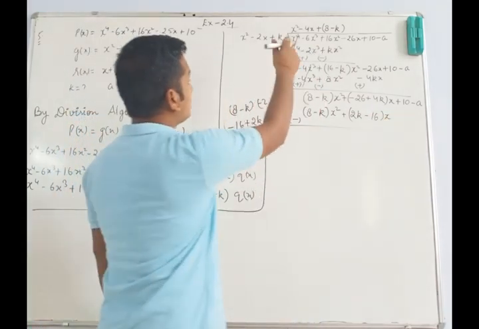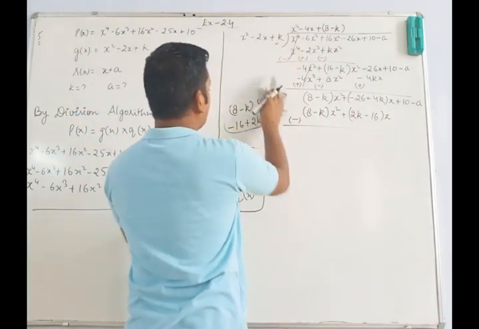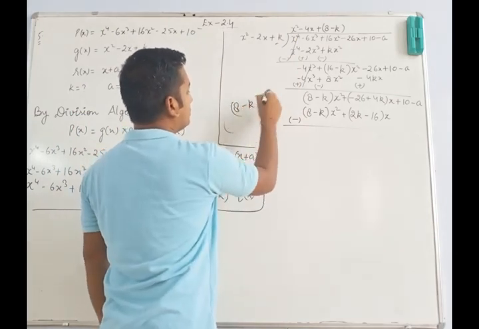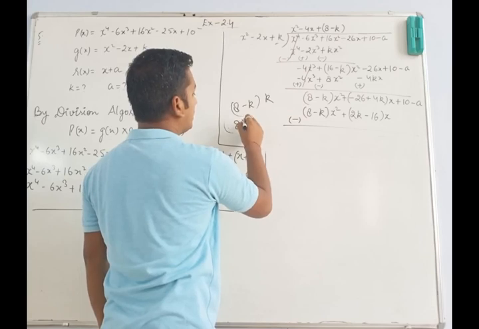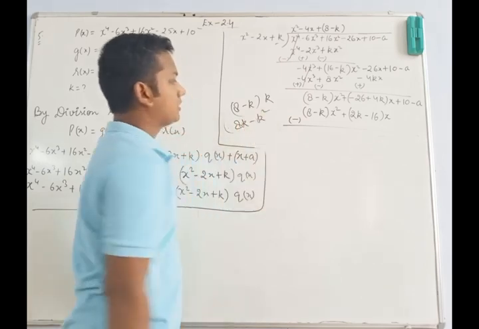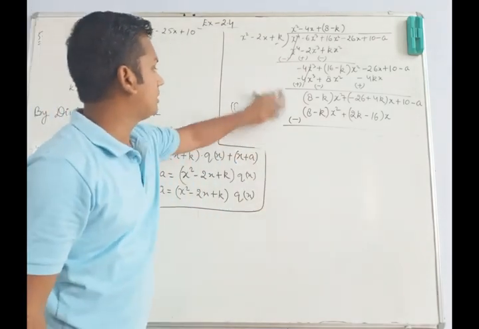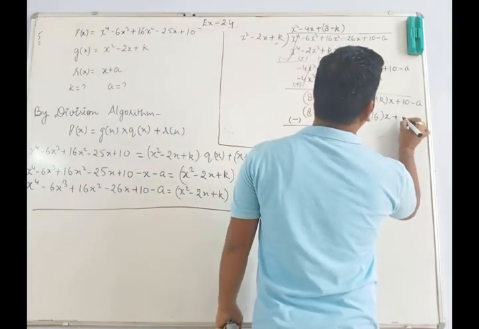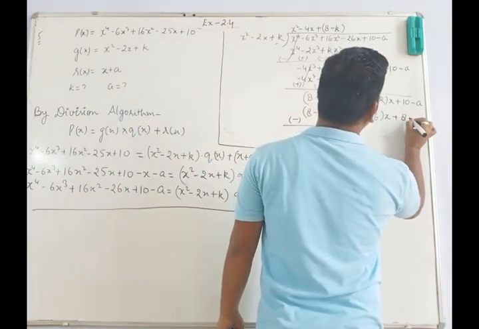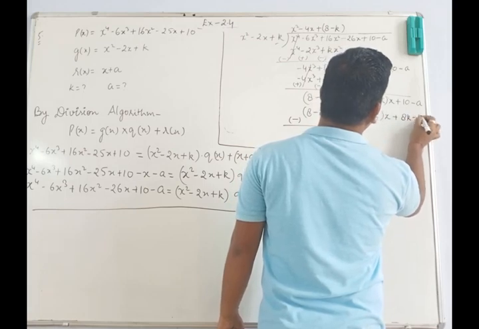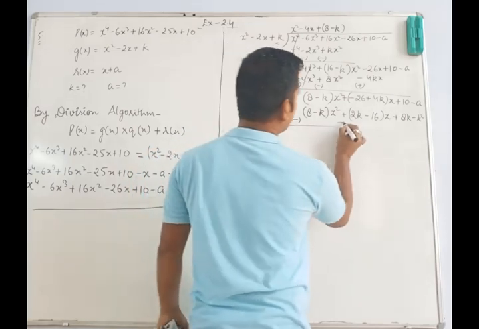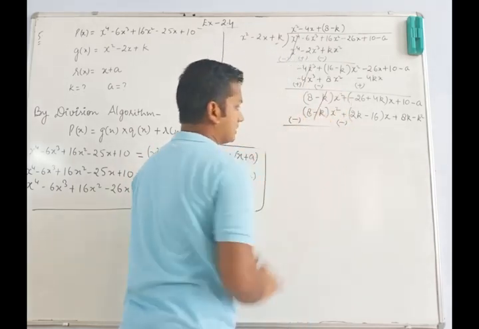Now (8 minus k) into k will give you 8k minus k square. So we will write it directly: 8k minus k square. Now the whole term will become negative, and this will get cancelled out.